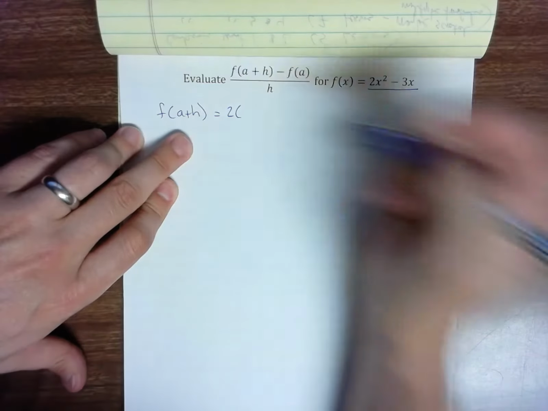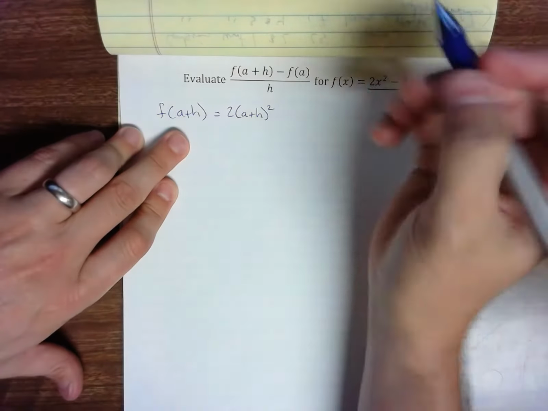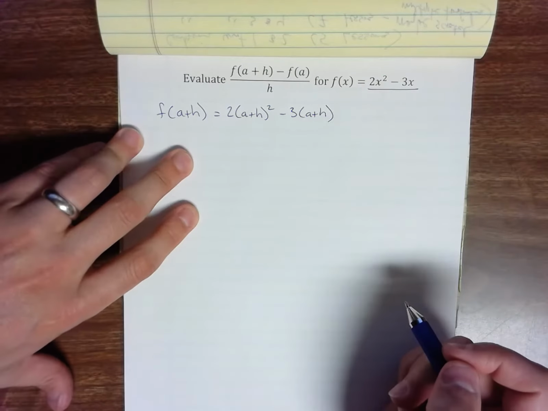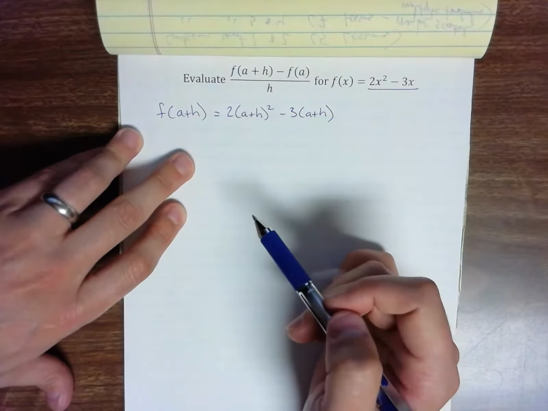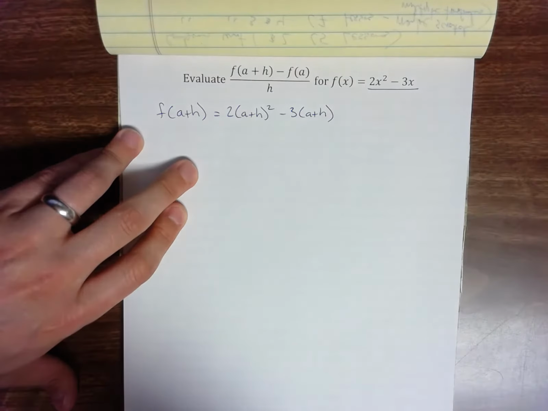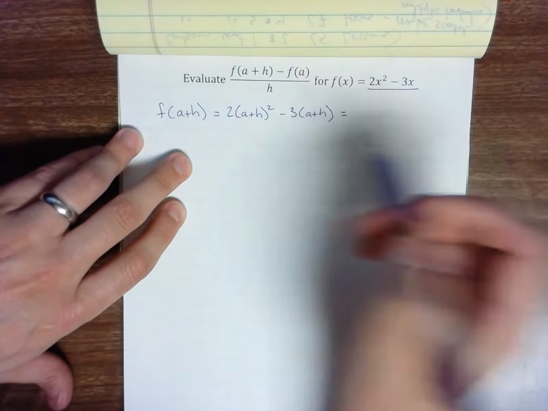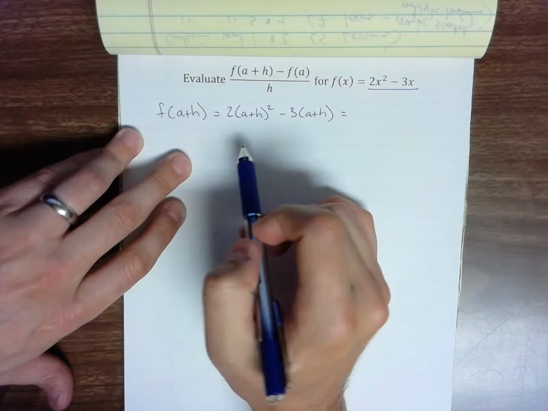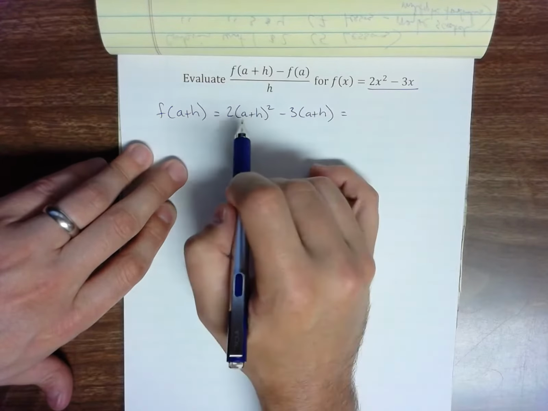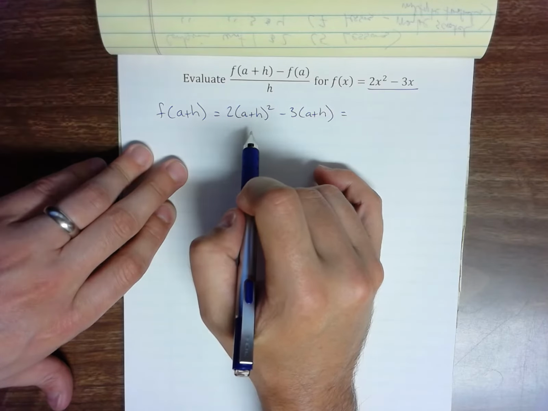So I have 2 times a plus h quantity squared minus 3 times a plus h. That's f of a plus h. Now, of course, we can simplify that, can't we? So let's go ahead and do that. So 2 times a plus h squared. Well, a plus h squared would be a squared plus 2ha plus h squared.